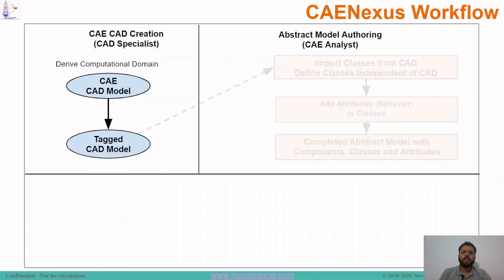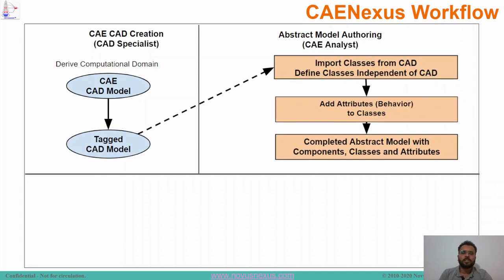On the other side, the analyst authors the abstract model by importing the tags in CAENexus from a sample CAD model. The imported classes are now treated as abstract geometric entities. Then the analyst attaches the simulation attributes like mesh size, material, boundary conditions, etc. on the abstract geometric entities.